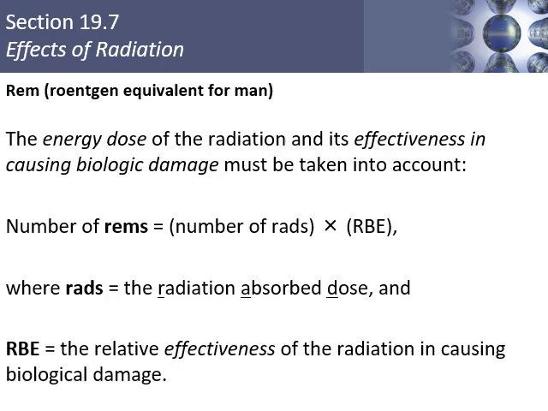We also need to take into account how effective this stuff is that we're exposed to in causing damage. And that's going to relate back to the slide we saw just a minute ago where you kind of approximate the damage that it can do based on how far it can penetrate and how well it can ionize and so forth.